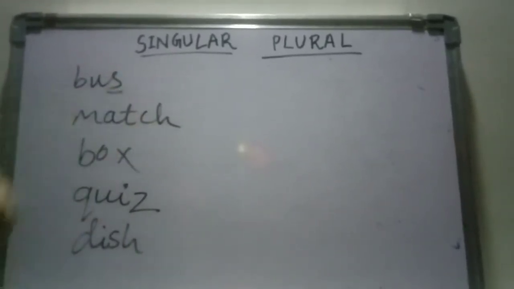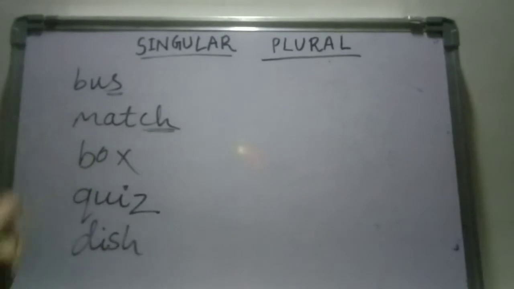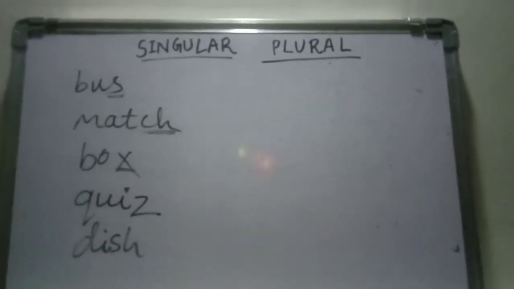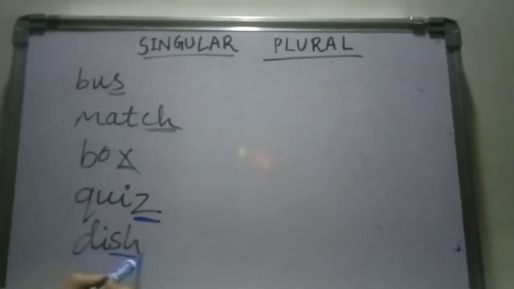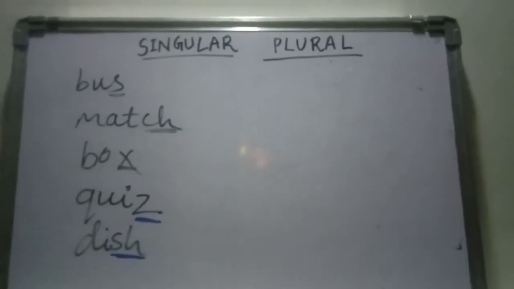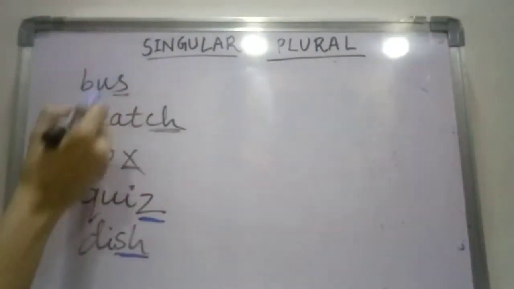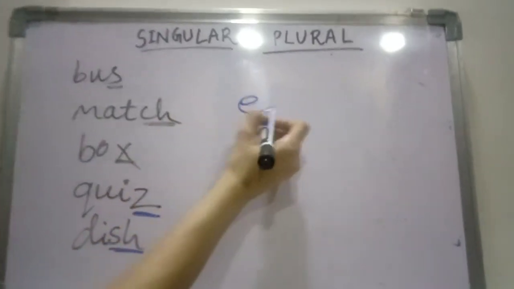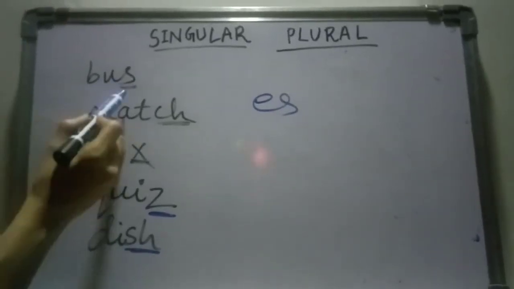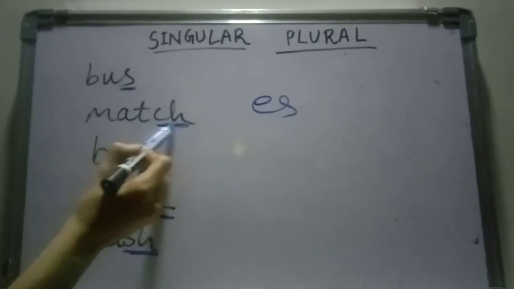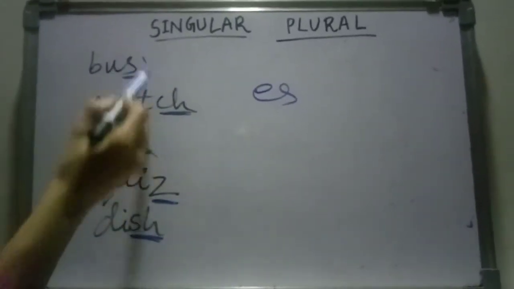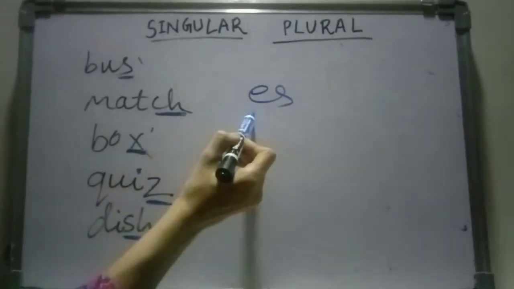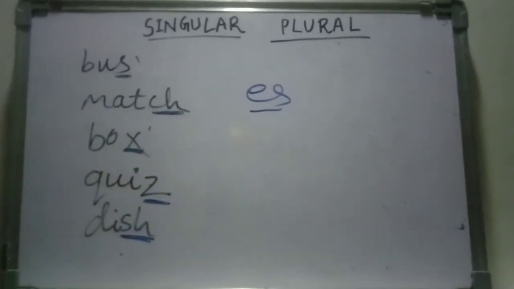It is ending with S, CH, X, Z, SH. So in all these words you have to add ES at the end.